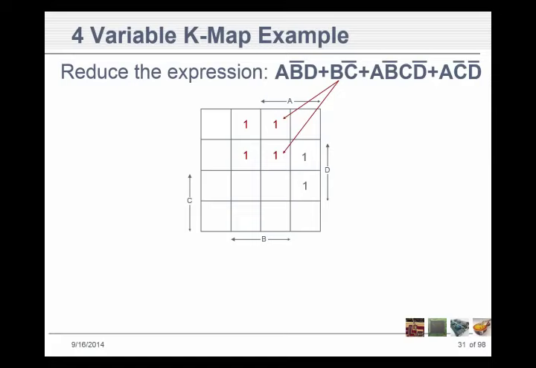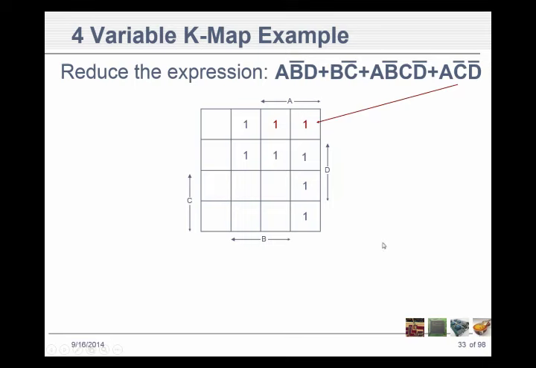The next expression has four variables, which means we pinned it down to one cell. A, not B, C, and D is right there, or and not D is right there. And then we finally put this one in. There's two ones there, but this one was redundant.